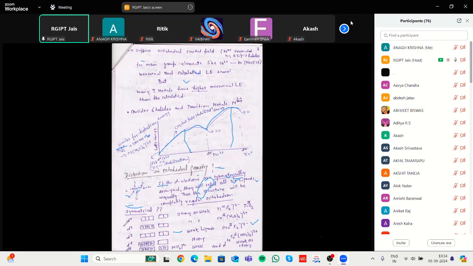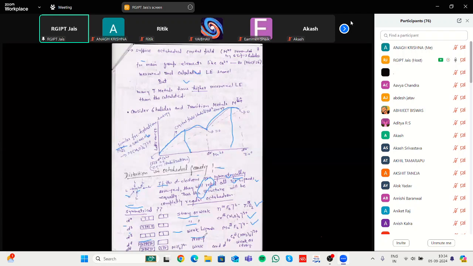If we consider d0, this is symmetrical, like a strong or weak field which has similar energy. If we consider d3, in case of a strong or weak ligand, it has similar geometry. In case of d5, also similar geometry, like manganese F6 4 minus.